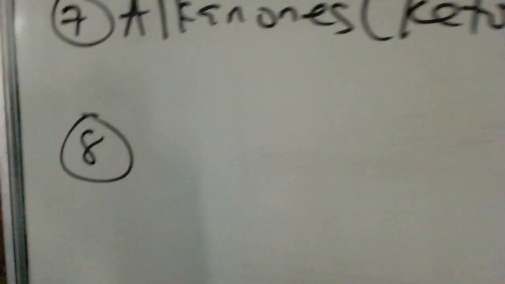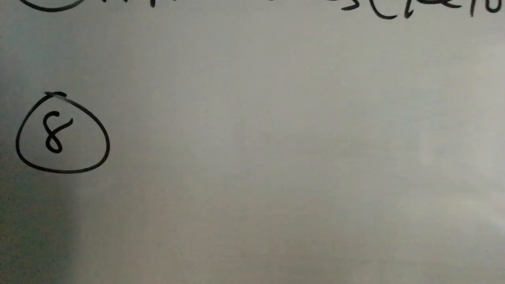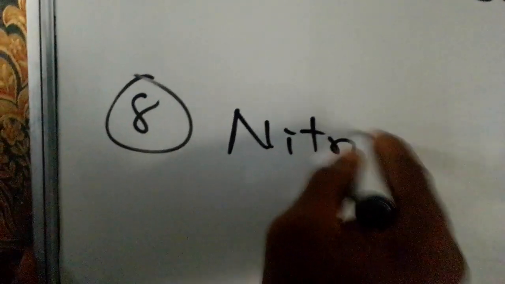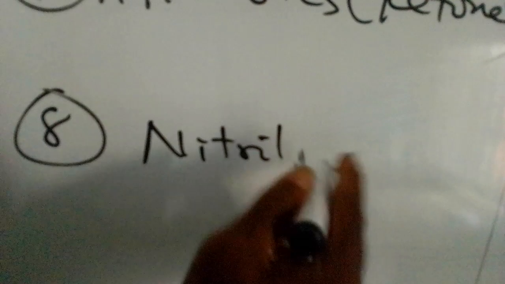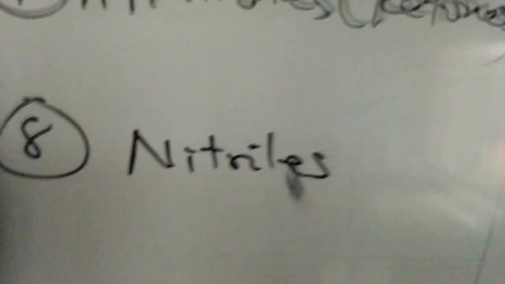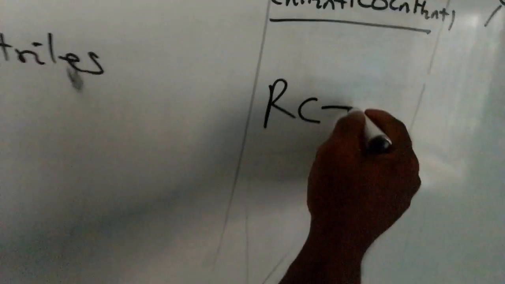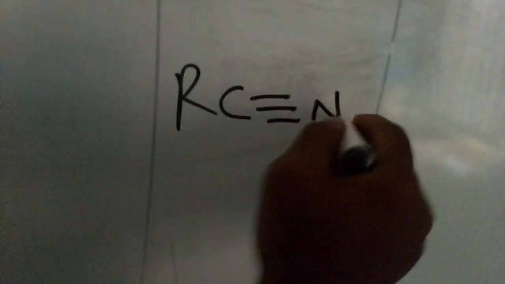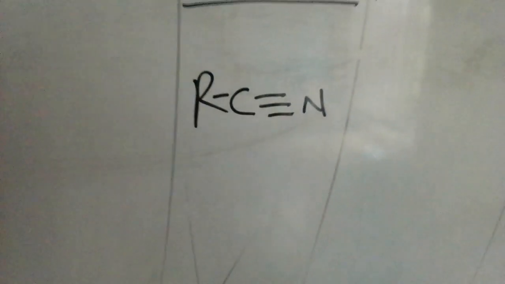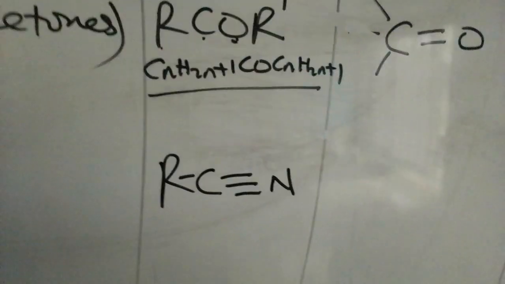Having done that, the next aliphatic homologous series is the one we call nitriles. Nitriles. They have the general formula RC triple bond N. The nitriles have a triple bond between carbon and nitrogen.